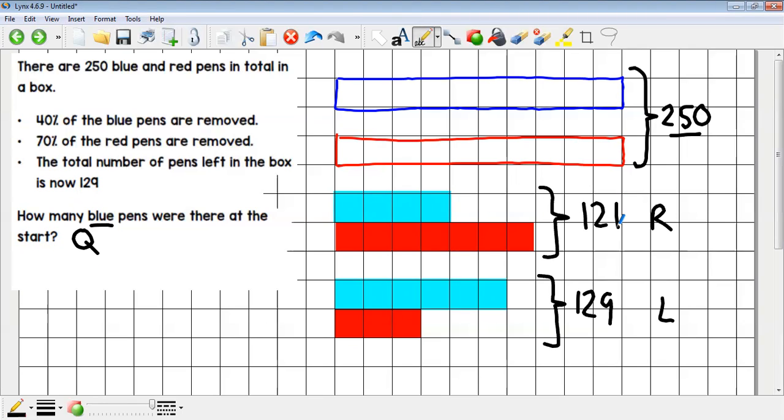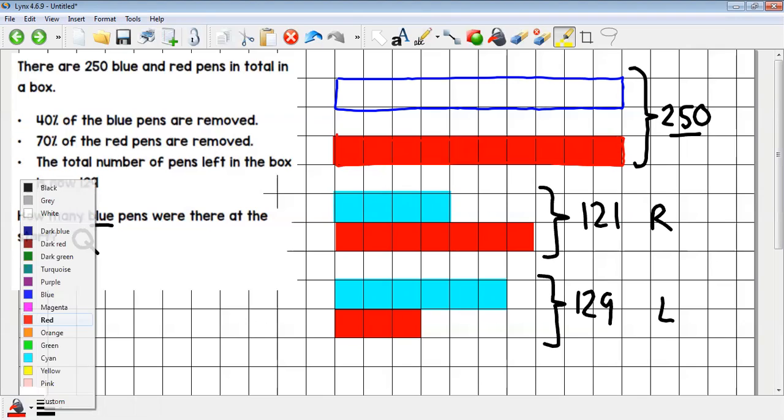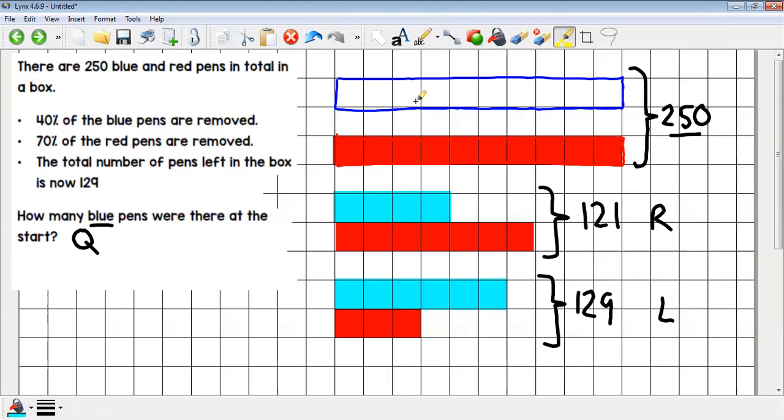So this is where these top bars come into play. Now we know that if we just look at one of these sections here, we've got this pattern 10 times.